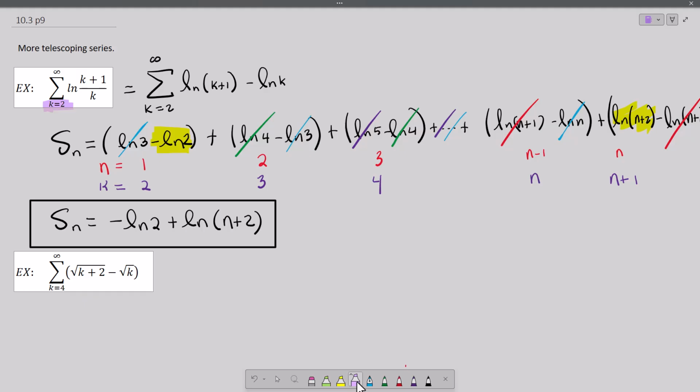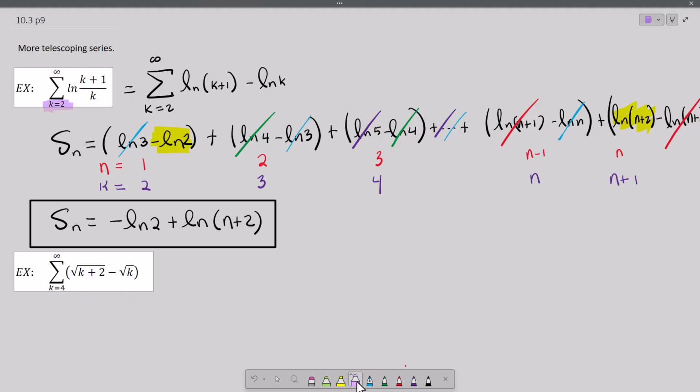The red ones are counting, just like we're counting our fingers. 1, 2, 3, 4. 1 term, 2 terms, 3 terms, 4 terms, 5 terms. And we want to stop at n terms. Well, if k is 2 for the first term and k is 3 for the second term, we see that k is always 1 more than n. So we just add 1 all the way down to the very end.